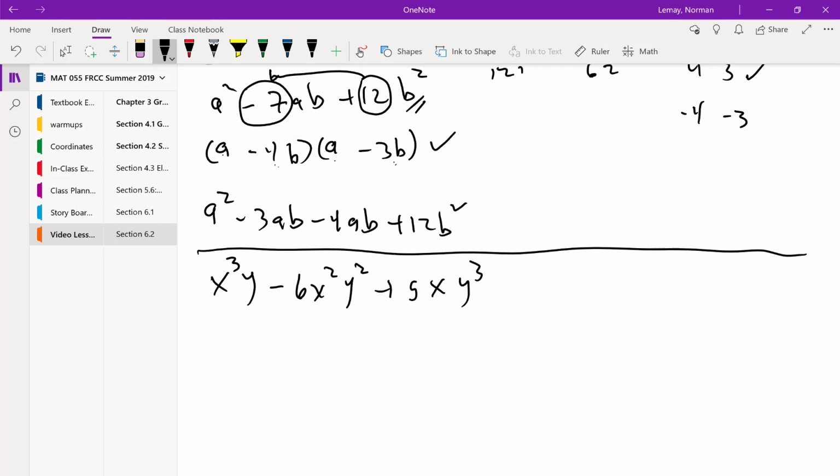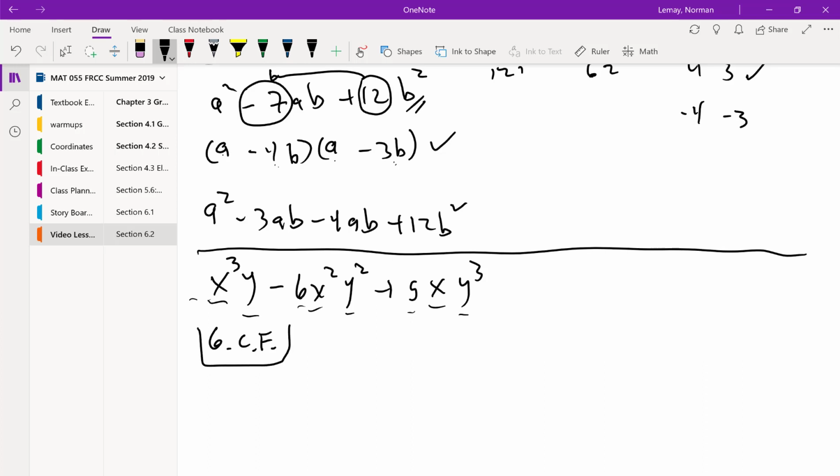Let's notice in this one that we seem to have some common x terms going on, and some common y terms going on. And notice that the numbers here, I got a 1, and then I got these guys here. So one of the things we can do here is just go ahead and factor our greatest common factor. So let's not forget that.